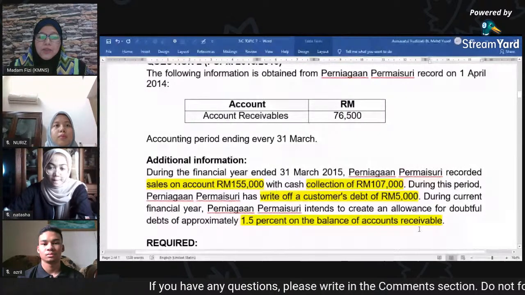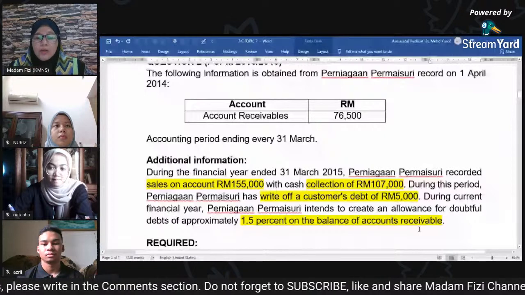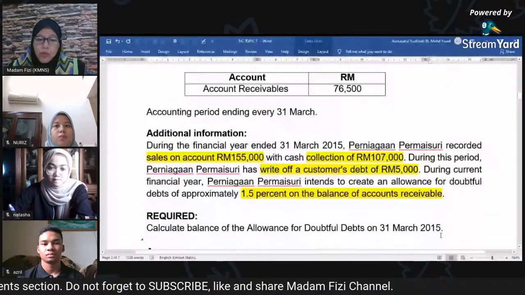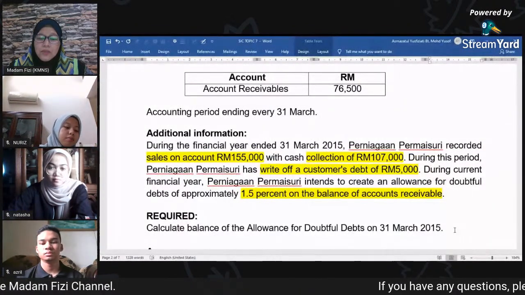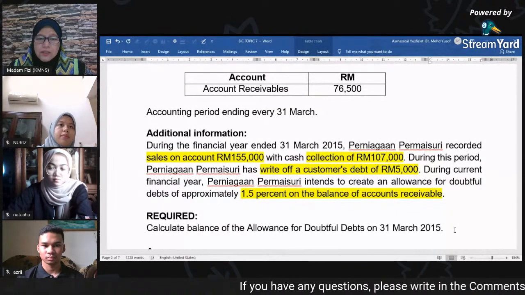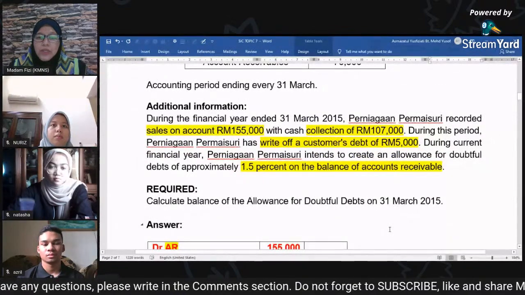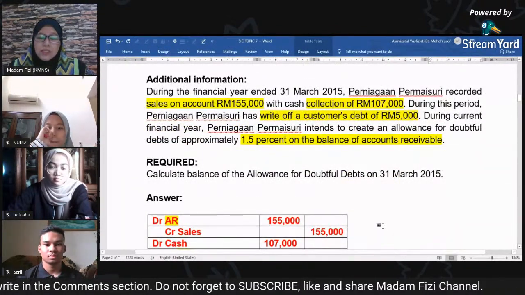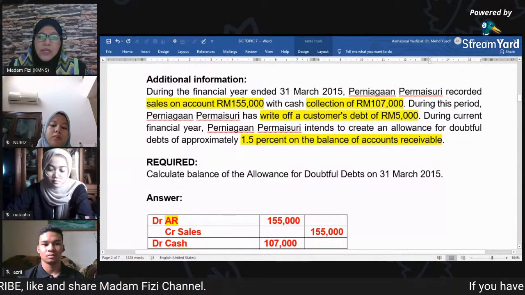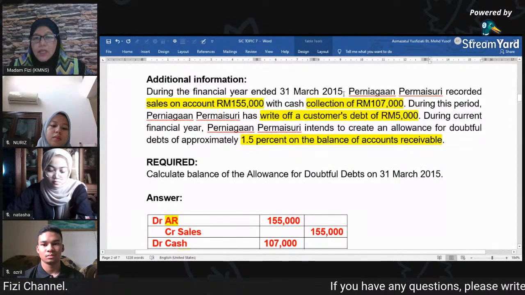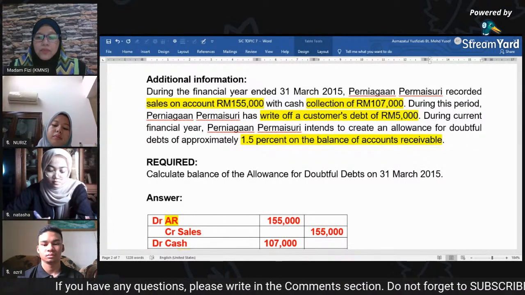Now next, the requirement is to calculate the allowance for doubtful debt. You can calculate or you can buat the T accounts. I think better you make the T accounts for allowance for doubtful debt. It is easier. Now we go through the question again and then you jot down the journal entries. During the financial year ended 31st March 2015, Perniagaan Permaisuri recorded sales on account 155,000.